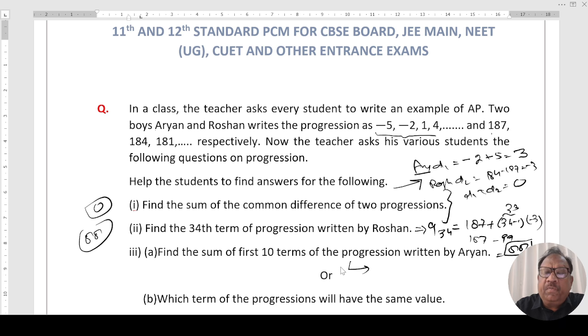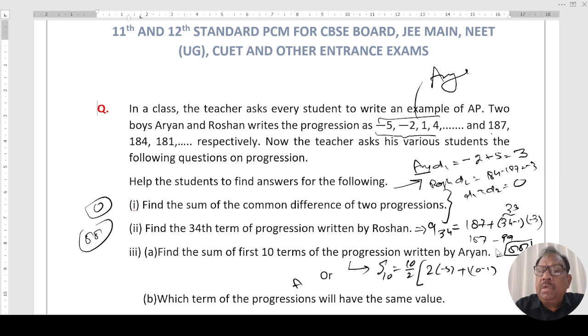Then find the sum of the first 10 terms of the progression written by Aryan. S10 equals 10 by 2 into 2a, this is by Aryan, 2 into -5 plus 10 minus 1 into d. d is 3.